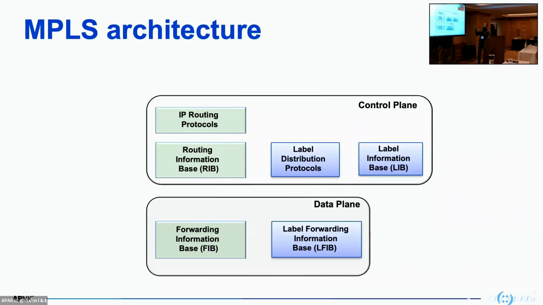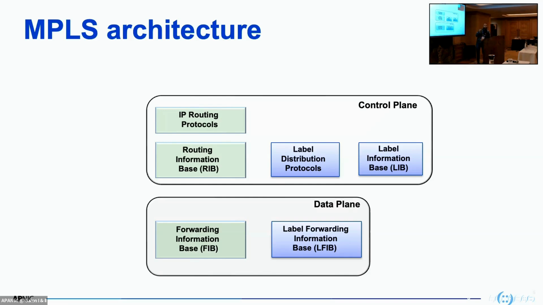So there are now two different types of protocols. One talks about routing information, the other talks about label information. The label information protocol collects the information and puts it in the label information base. Like routing information goes to the routing table, label information goes to the label table. Then your forwarding information base has the routes or destination addresses.